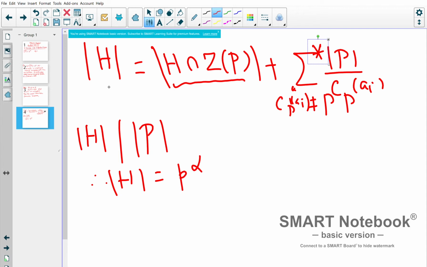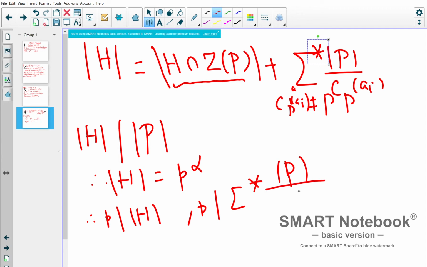So p divides the left-hand side, the order of H, and p also divides the full sum of the cardinalities over the centralizers. This we have done several times.